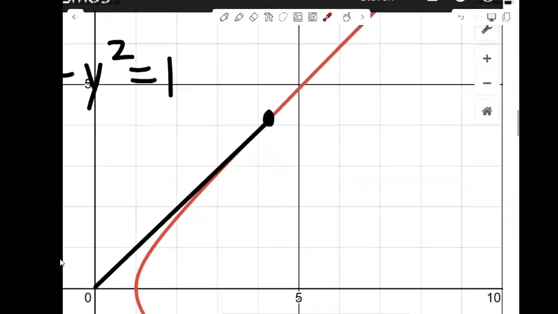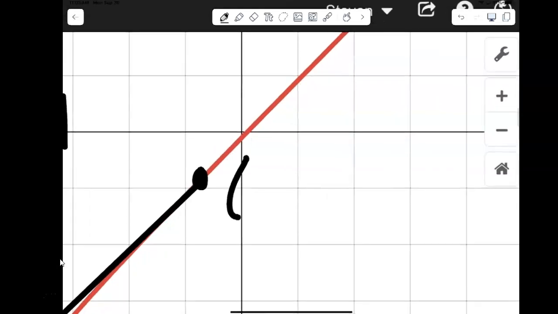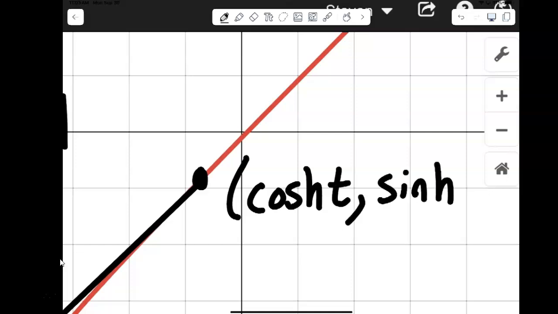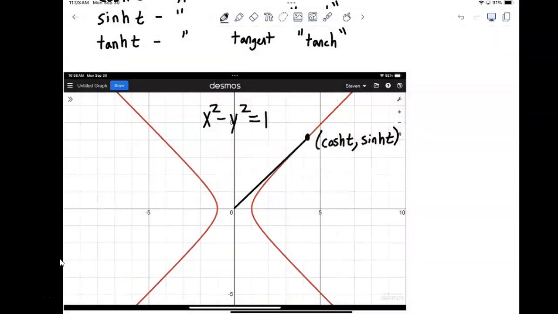But those points are called the hyperbolic cosine of t and the hyperbolic sine of t. So very similar to how the points on the unit circle are referred to as the sine of t and the cosine of t. So they're defined in a similar fashion.